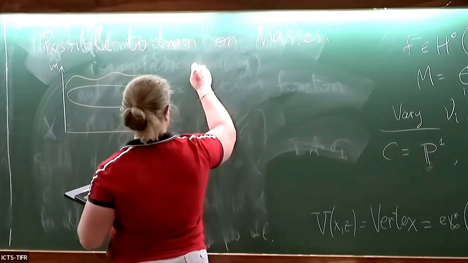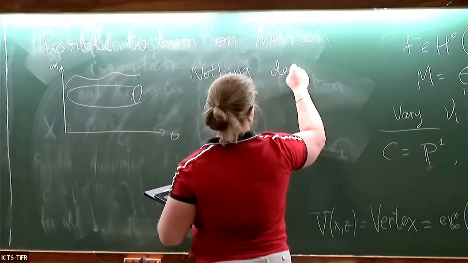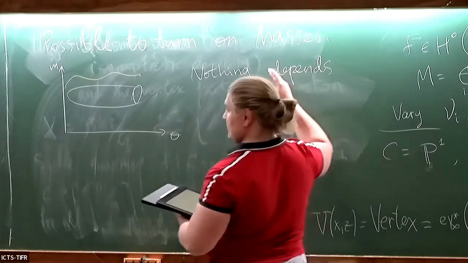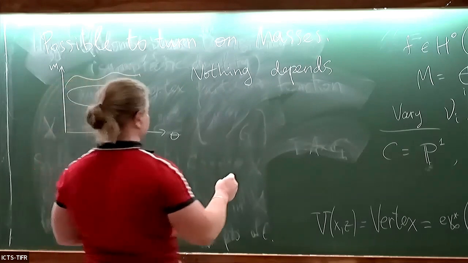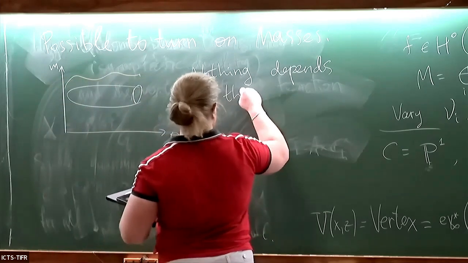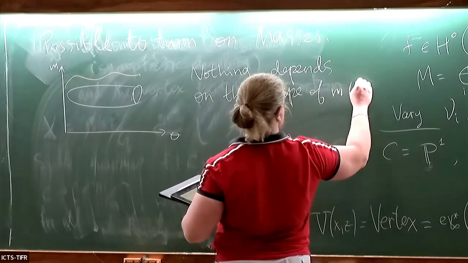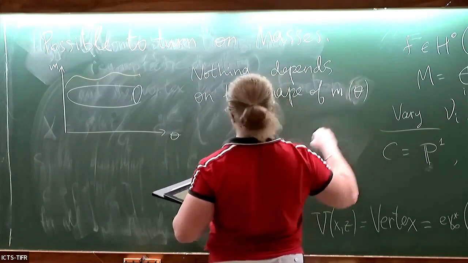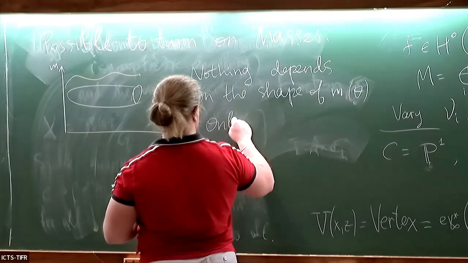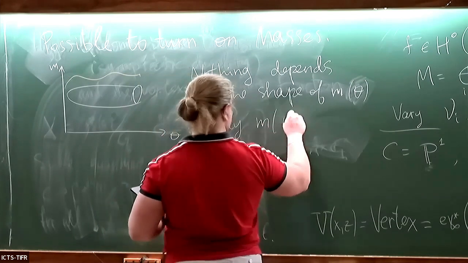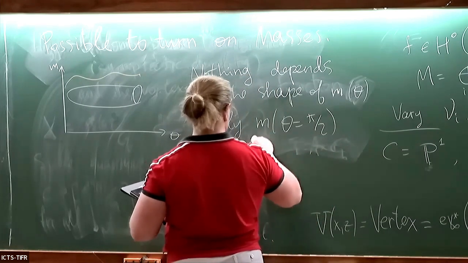But here, nothing depends, at the level of Q cohomology, so at the level of supersymmetric observables, nothing depends on the shape of this function m of theta. Only its value at the boundary, which is pi over 2, only this value matters.